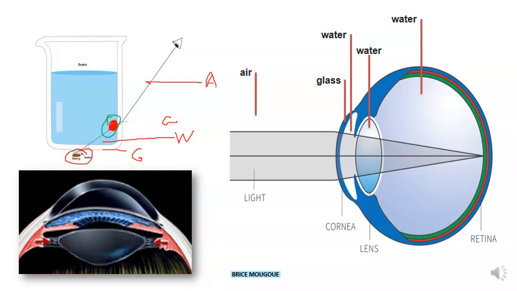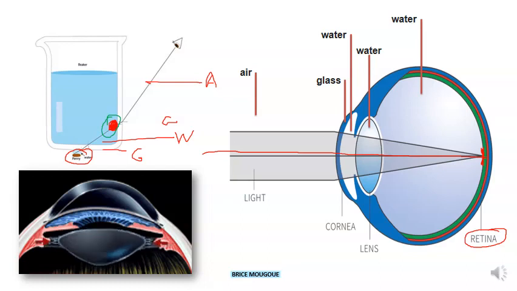Let us now link refraction with how we see with the eye. Light rays coming from any object that we are viewing would enter the eye and would want to be brought always to a focus on the retina. Remember, it is the retina that has the photoreceptors, the rods and cones. They are the ones that are able to trap the light stimulus and convert it to impulses before it is sent through the optic nerve to the cerebrum, such that we can then see any object.